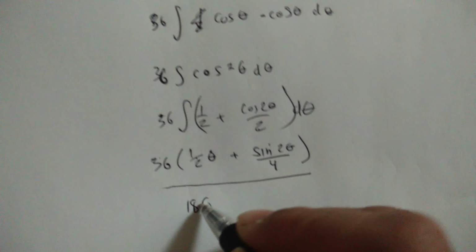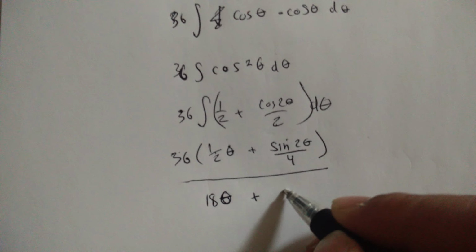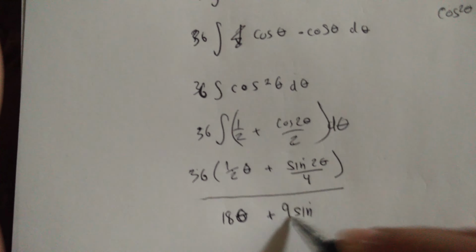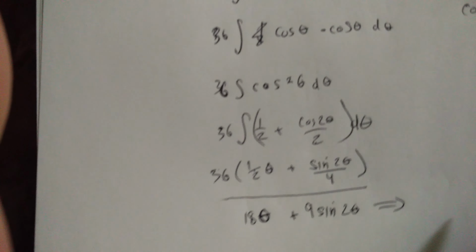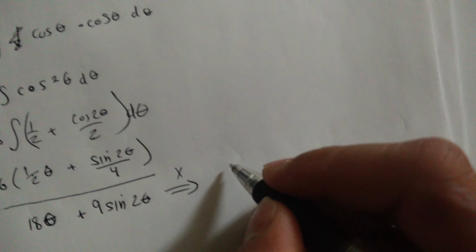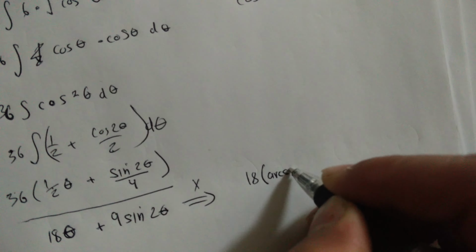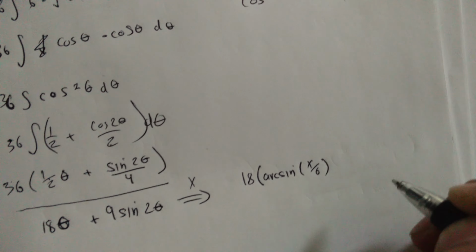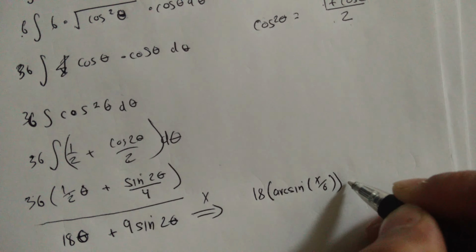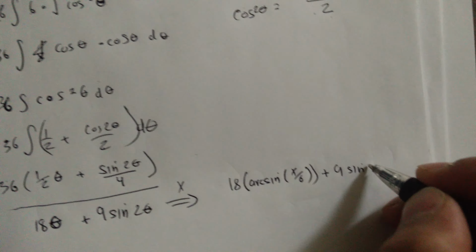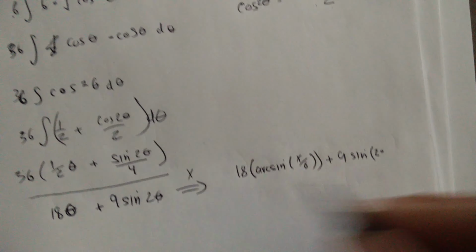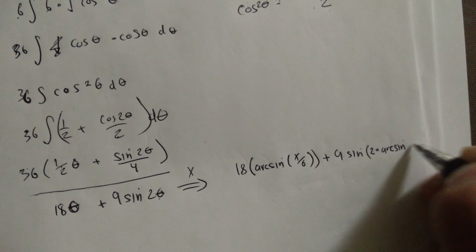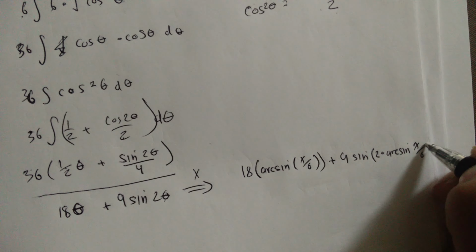We get 18 theta plus 9 sine 2 theta, and this equation turns into, if you plug in the x, 18 multiplied by the arc sine of x over 6 plus 9 times the sine of 2 multiplied by, now theta is right here, so this would be arc sine of x over 6.